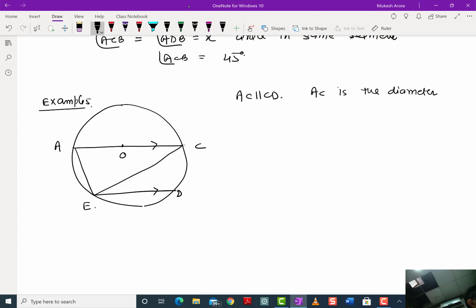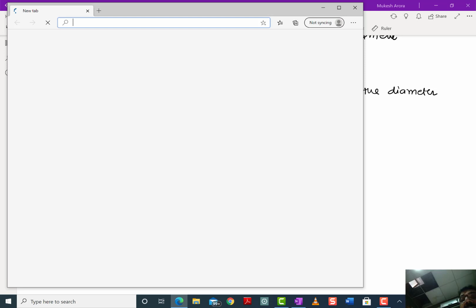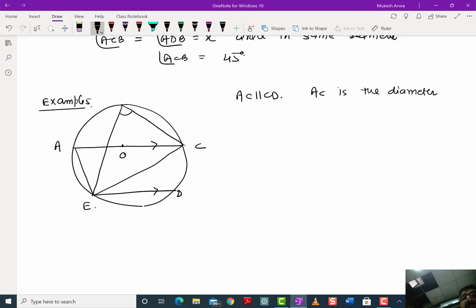So now we have to see what we have to find. Angle CBE is 63 degrees. We have to find angle DEC, which is equal to x.